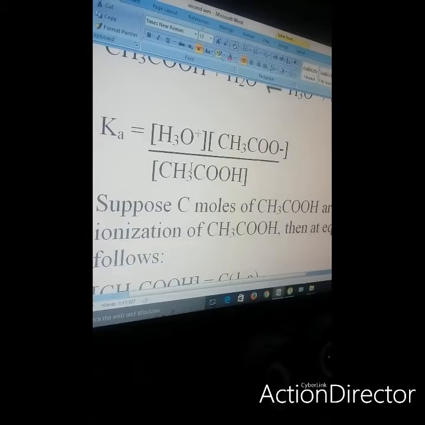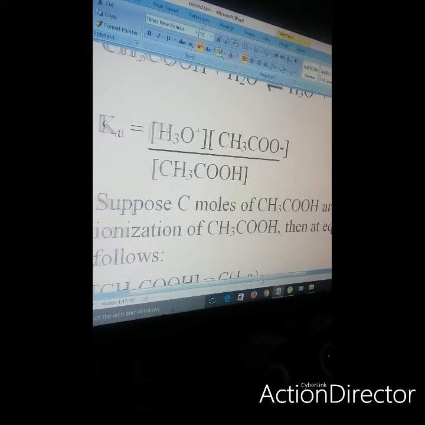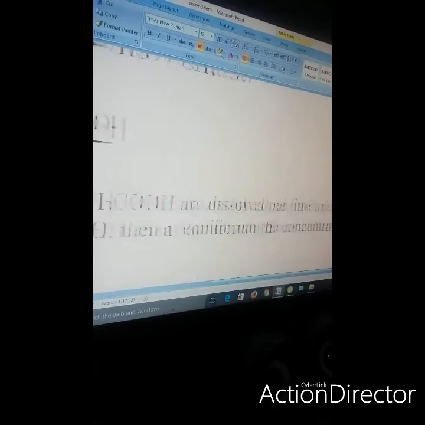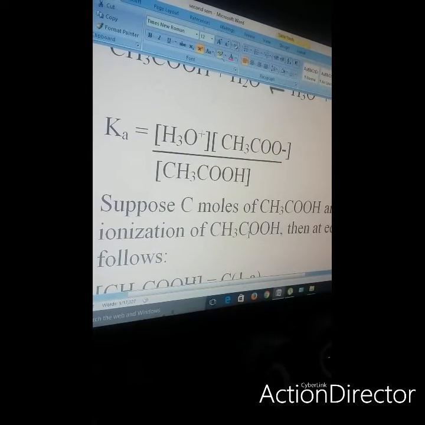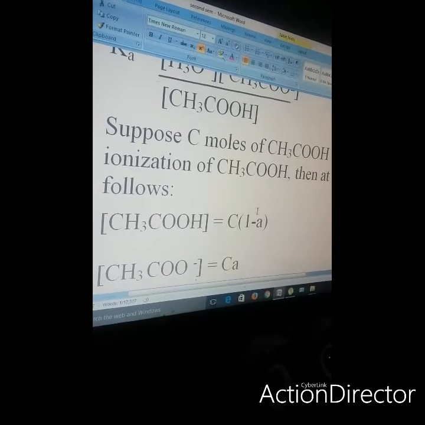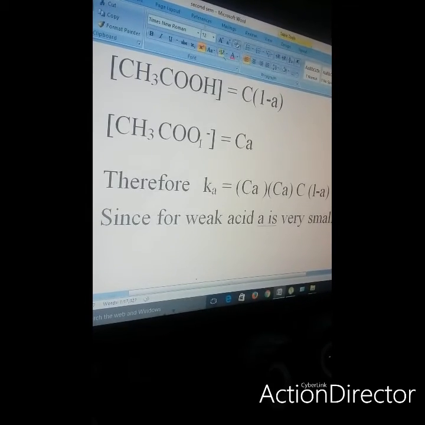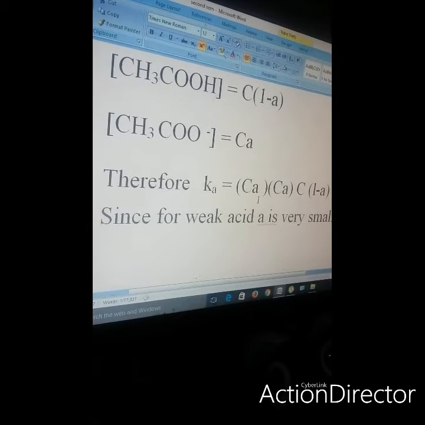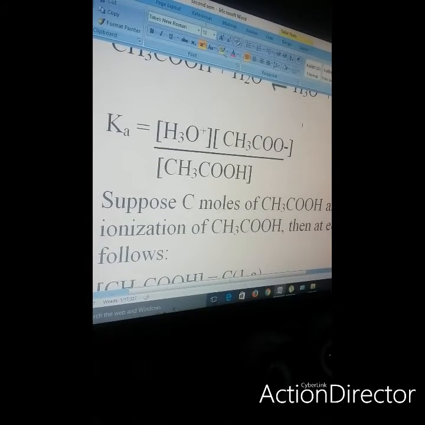Now let us suppose that C moles of acetic acid are dissolved per liter of solution, and let us say that alpha is the degree of ionization of acetic acid. So at equilibrium, the concentration will be C(1 minus alpha) of acetic acid, and the concentration of acetate ions will be C alpha.